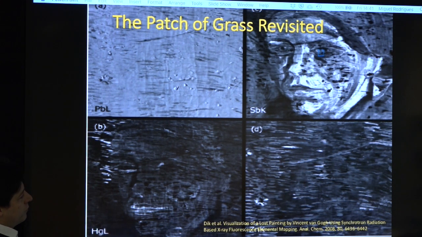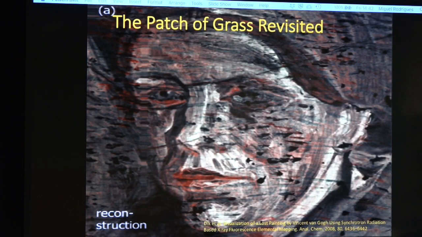We've got lead, we've got mercury, we've got antimony, and so on. Based on all these maps, and understanding how all these elements correspond to different pigments and the color of different pigments, what people have been able to produce was this particular figure, which is exactly what lies beneath the patch of grass.